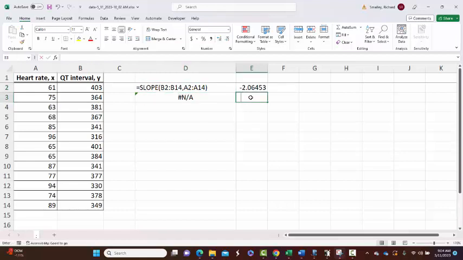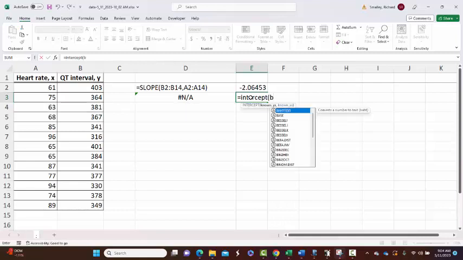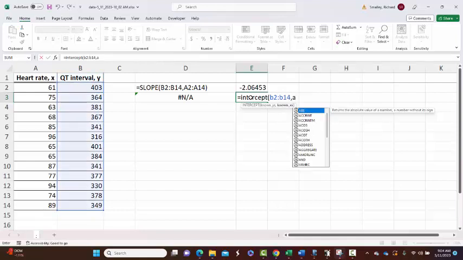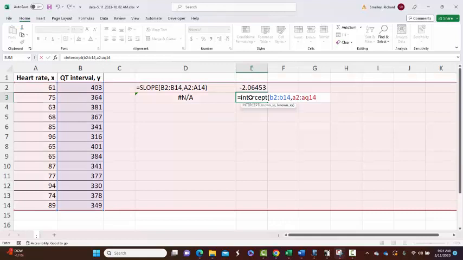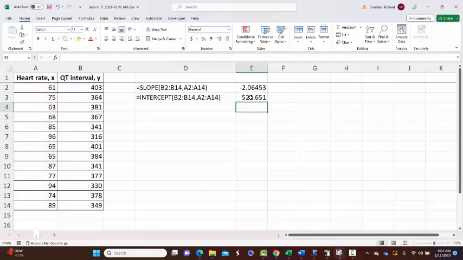Now I'm going to do intercept. Once again, B2 to B14, A2 to A14. Not AQ14, A14. There's our intercept. So I don't know how many decimals it wants there.